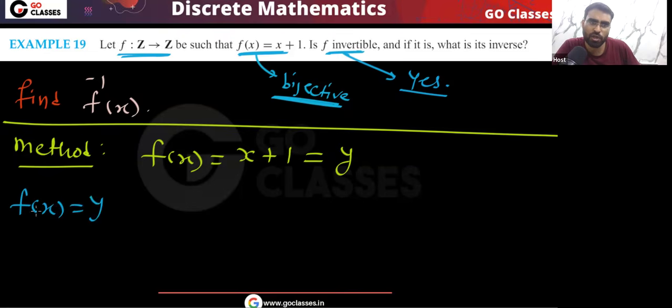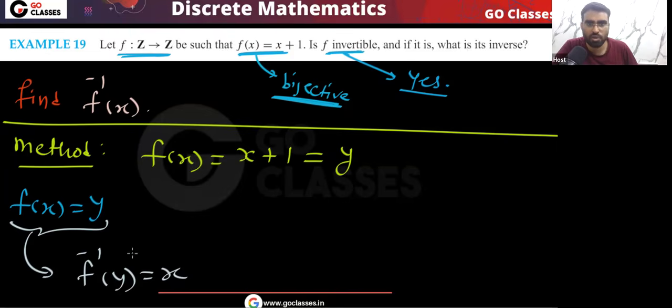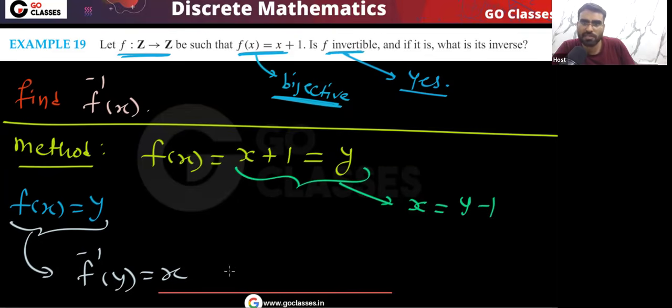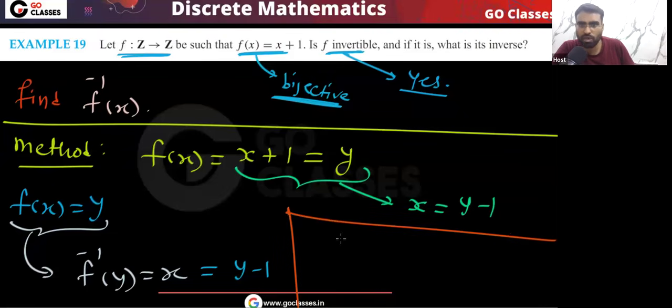So from here, what is f inverse y? f inverse y is x. Now what is x? From here, x is y minus 1. So remember, x is y minus 1. So what we got? We got f inverse y is equal to y minus 1.